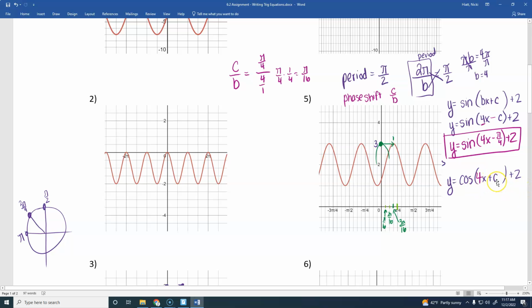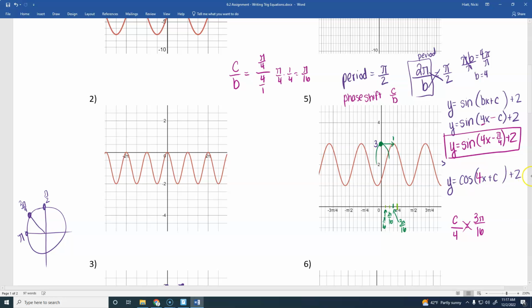And so for the phase shift, our equation is going to be C divided by B. What is the B that we found? 4. We need it to equal 3 pi over 16. Right, because we want the phase shift to be 3 pi over 16 now.